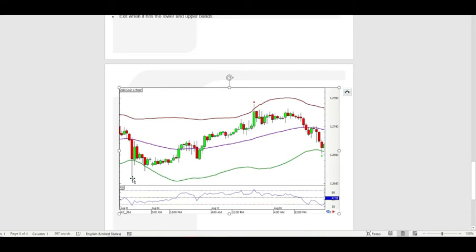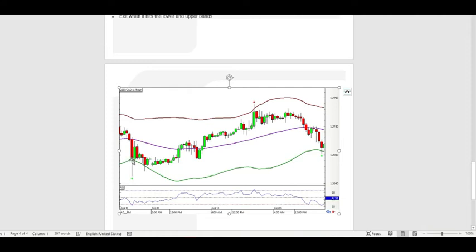But another condition, so I have managed to explain one condition. The second one is your close. Your close for this red candlestick is this one, right? Can we see? This is your close. Your open price, sorry, for this red candlestick is here, which means your close is here.